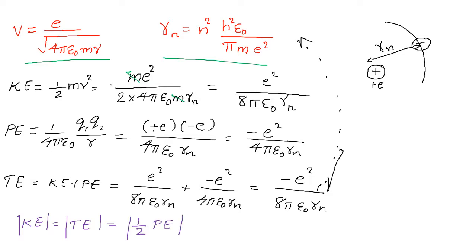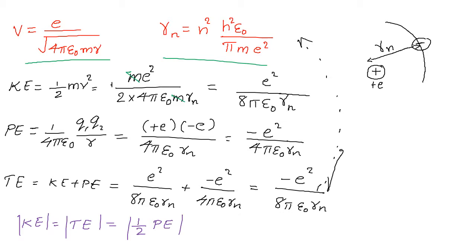So kinetic energy, total energy and potential energy are related according to this relation. That means if you know any one of these energies, you can very easily calculate the other two forms of energy. For instance, if your potential energy is x, then kinetic energy is half x.